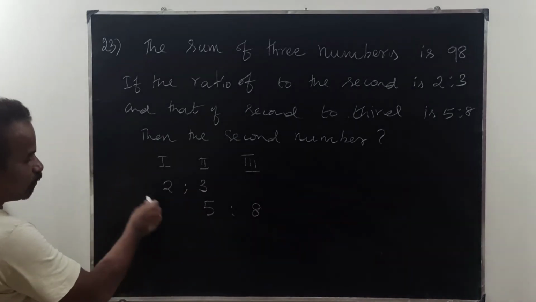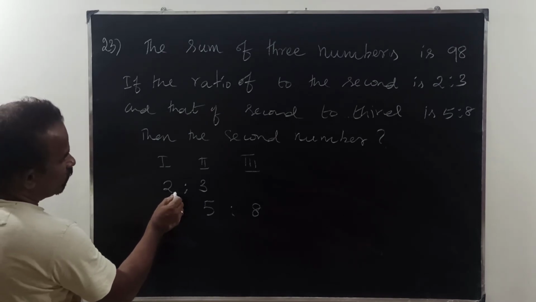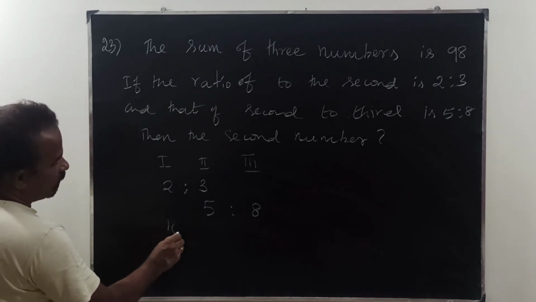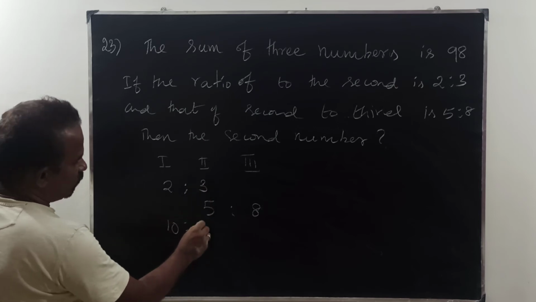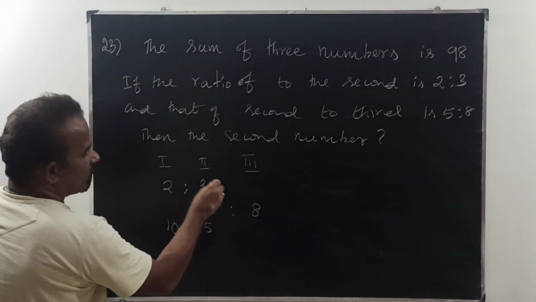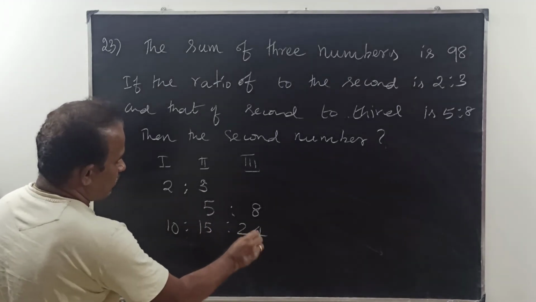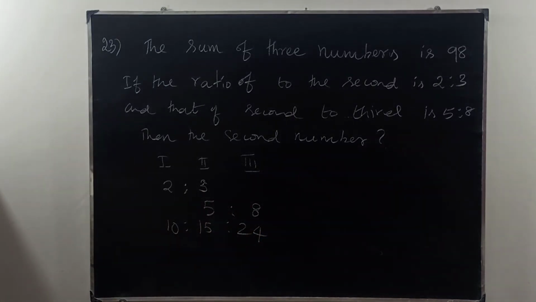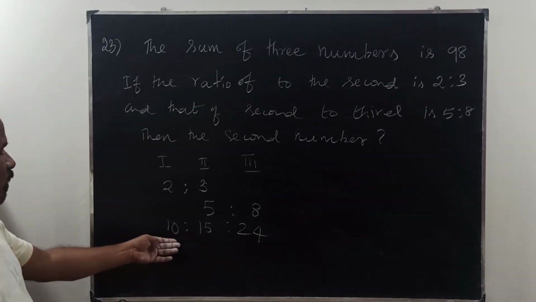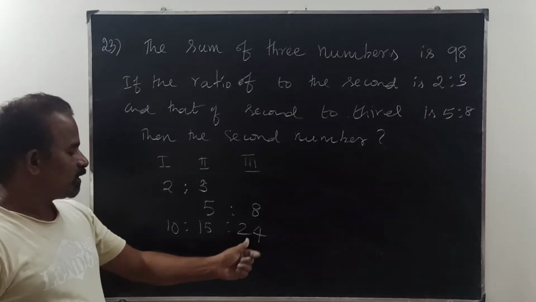So the same procedure, you have to multiply it. 5 into 2 is 10, 5 into 3 is 15, then 3 into 8 is 24. So this is our required ratio.